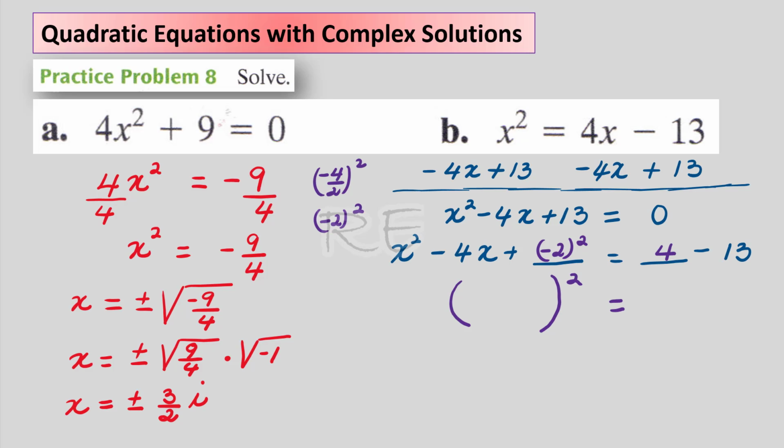And now the left side becomes a perfect square. It is (x minus 2) squared. The right side, 4 minus 13, is -9.